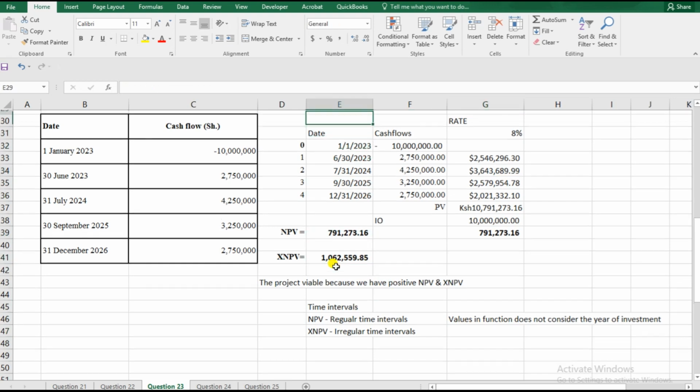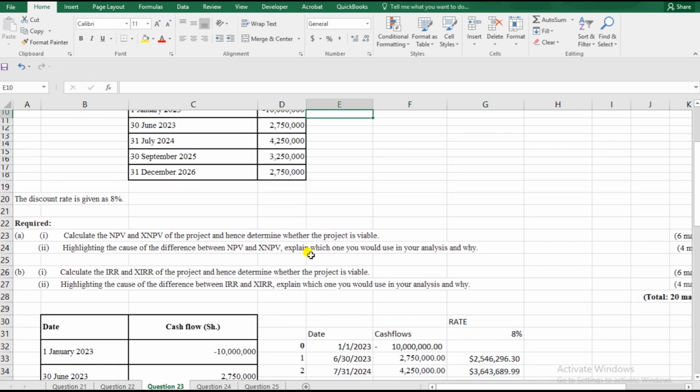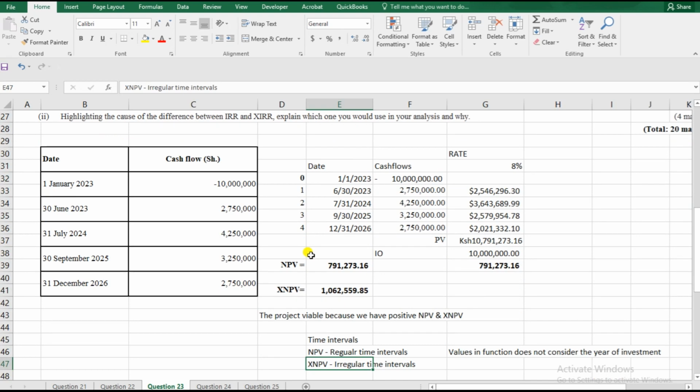Whereas in our case, we are also asked to do what? To select one, right? Explain which one you will use in your analysis and why. At this point, I'm going to use the time intervals, that is, XNPV. Why? Because in our analysis, you can clearly see that after investment, I'm going to receive on 30th June 2023.